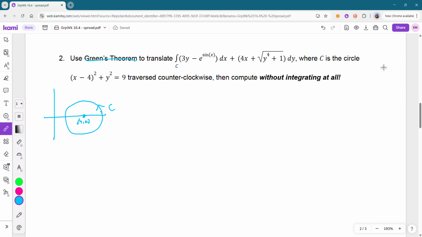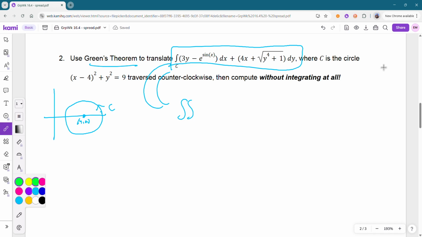And using Green's theorem means taking this line integral here and swapping it out immediately for a double integral over the inside of this region of our Qx minus Py.